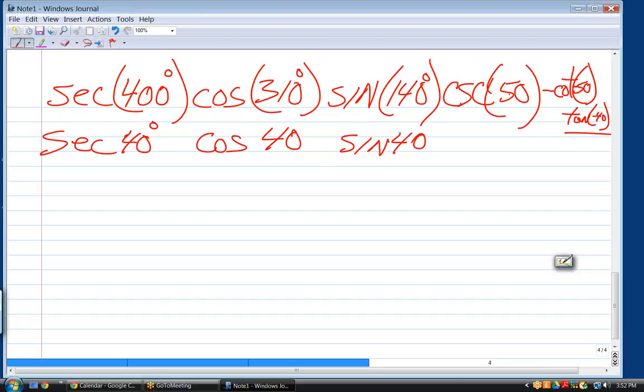How about cosecant of 50? Secant of 40. How about cotangent of minus 50? That's minus tangent of 40. Yeah, but I got two minuses because I got this minus here and I got that minus there.